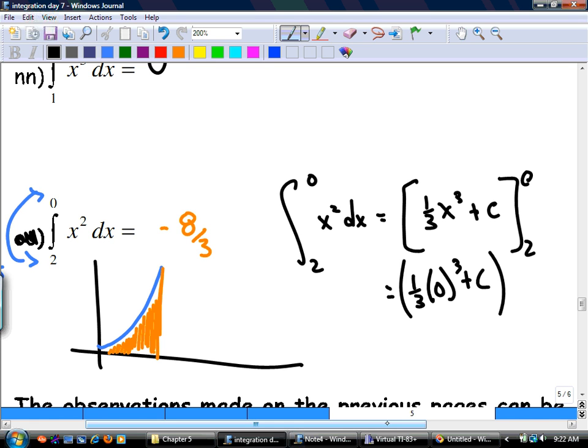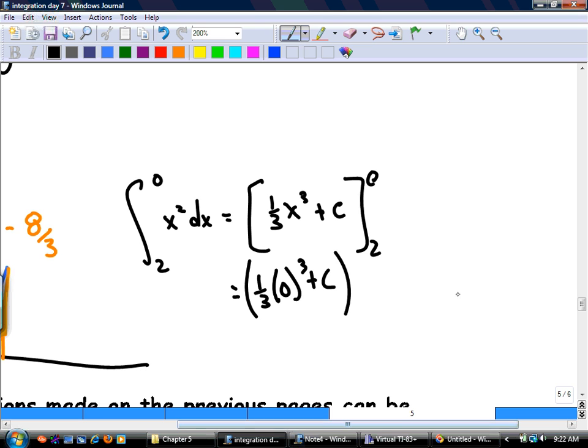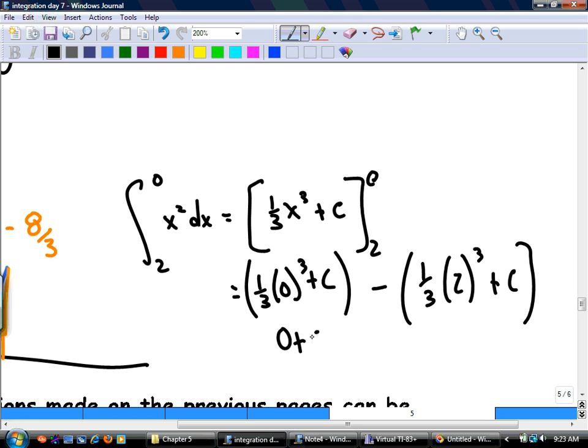Put 2 in for x. And subtract. You're going to get a negative answer, because the higher number is last. 0 plus c minus 8 over 3 minus c.